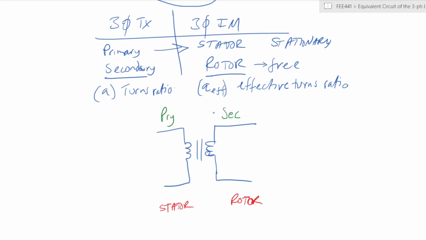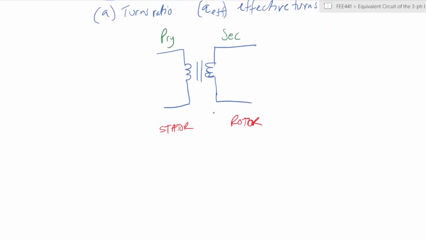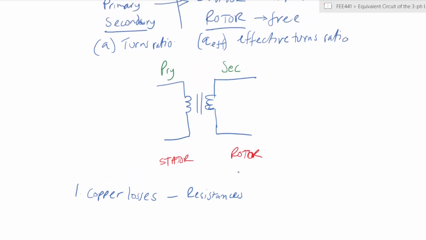Some of the phenomena you would encounter, first of all, are copper losses. Copper losses are in the form of resistances, because these windings are made of copper. They are real world things that have resistances, so you have to account for that.